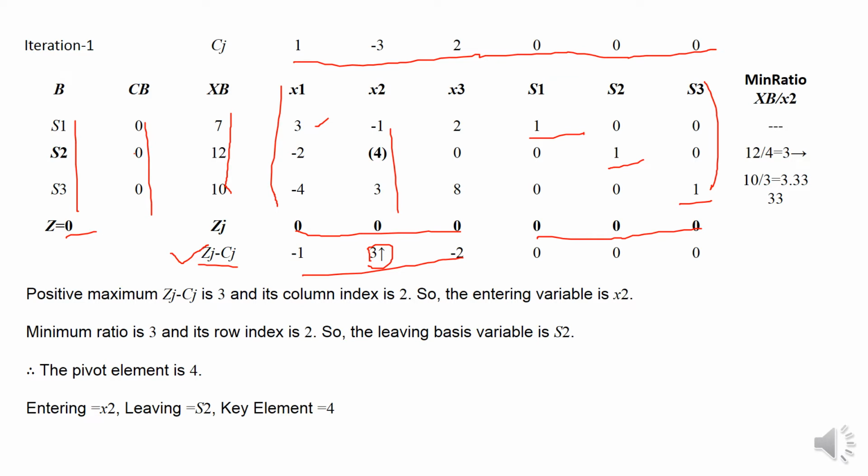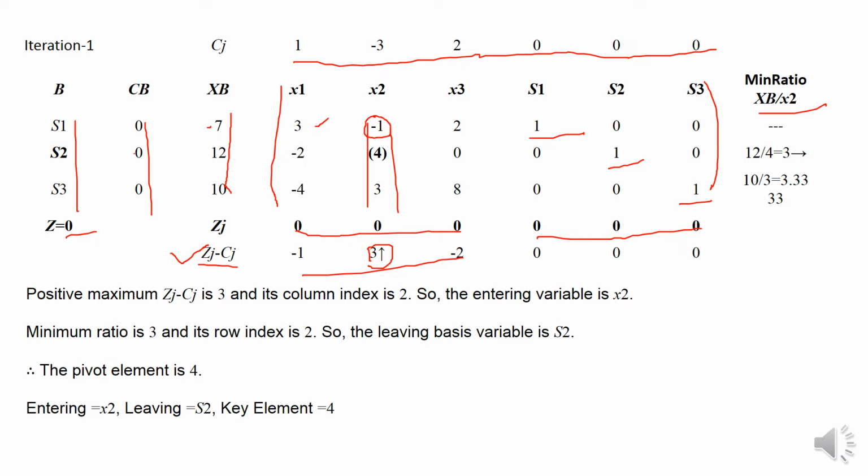Corresponding to this column, we have to find the minimum ratio. So we divide the xb elements by the corresponding x2 elements, and if the denominator is negative, as in this case, we will neglect it. If 0 is there, we will neglect it.